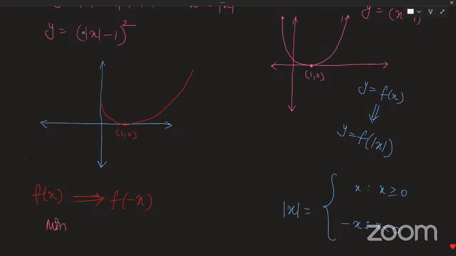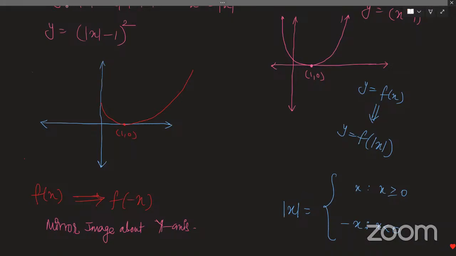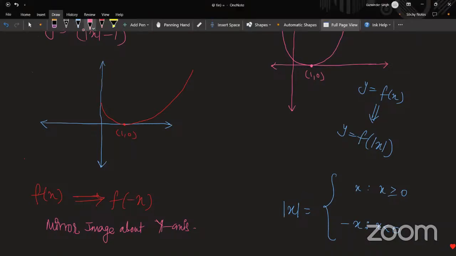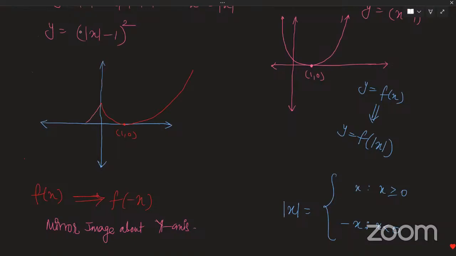You take the mirror image of this curve about your y-axis. When you do that, it will look something like this, right? I know freehand drawings will not be as accurate, but it will look something barely like this.